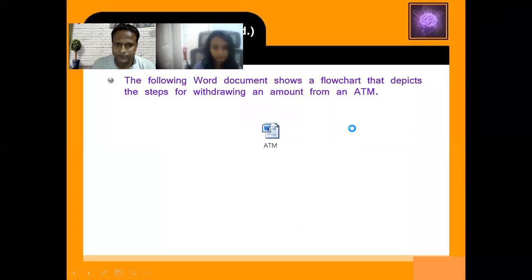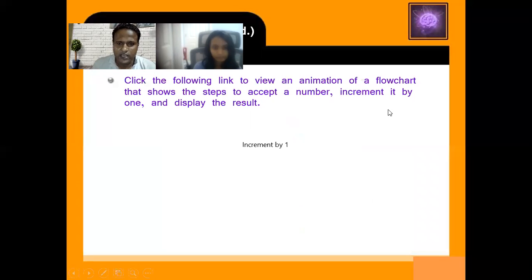Here, see another example I am showing you. Just a minute. This is the animation which accepts a number and increments it by 1. This example is helping you.